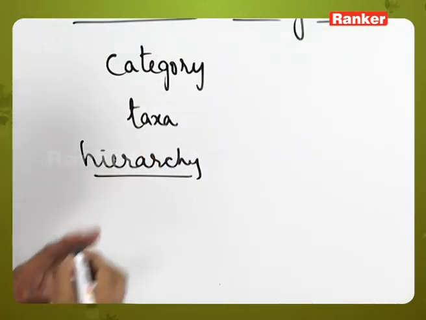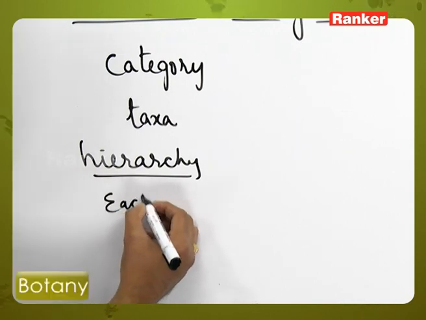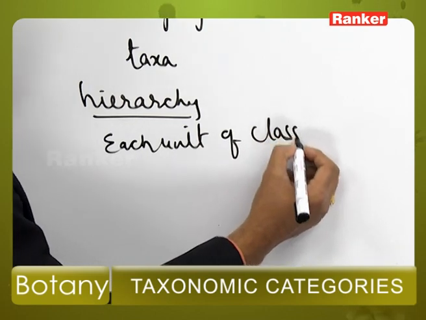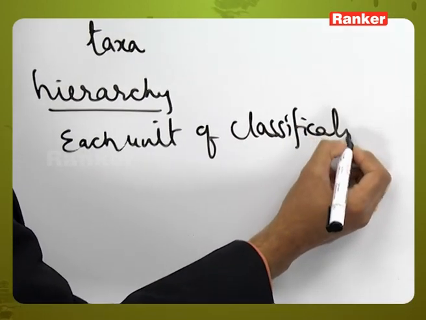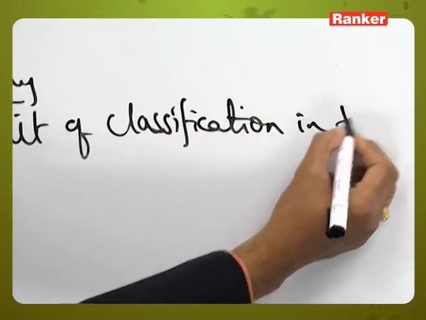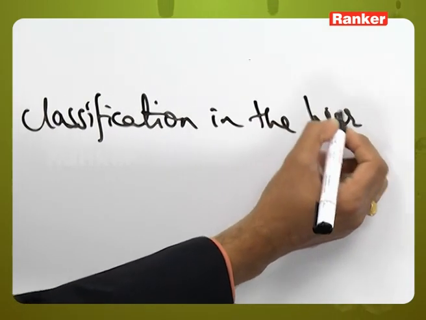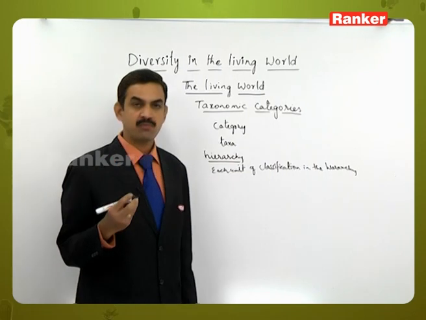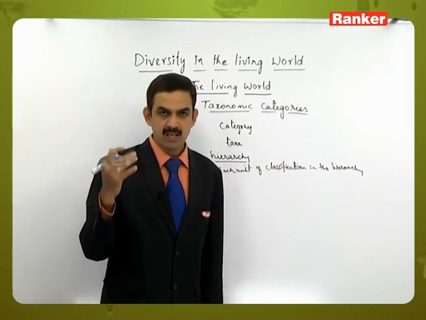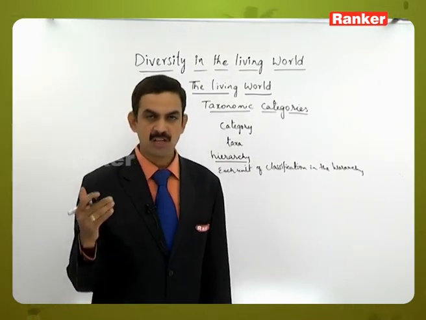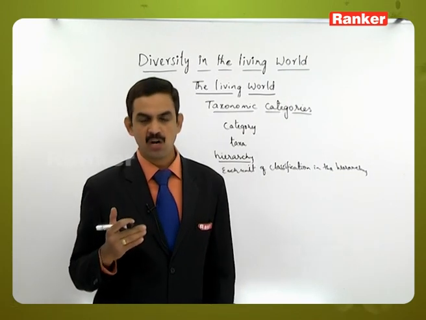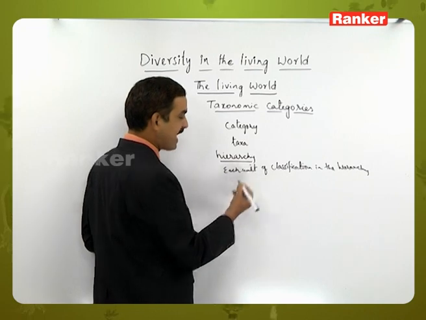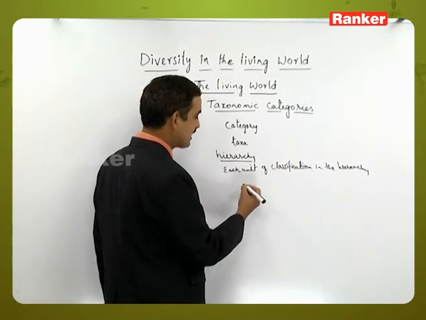In this hierarchy, each unit of classification is called a taxa, irrespective of its position, whether it occupies the least or smallest position, the highest position, or any position in the middle. Irrespective of its position, each and every unit of classification is called a taxa.